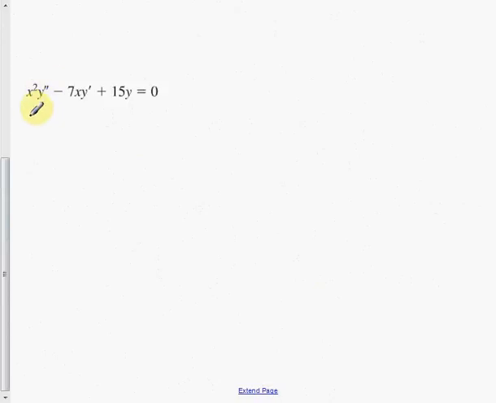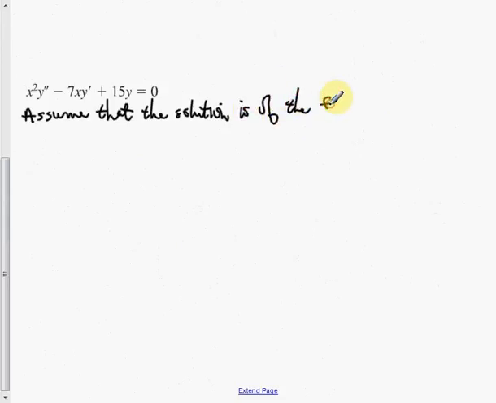Here we assume that the solution is of the form y equal to x to the m. If that be the case, then this problem has a y prime and also a y double prime. So I need to find y prime.